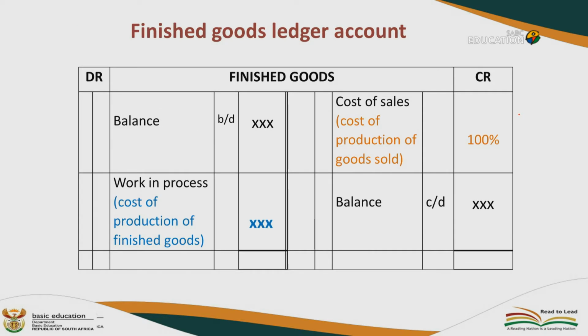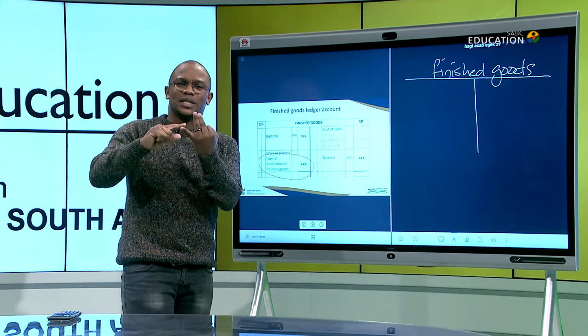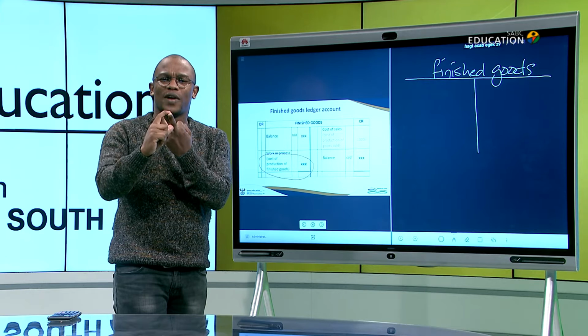Here's another way of doing this. You have your finished goods ledger account. If you check on your finished goods ledger account, this amount, the work in process, remember when I started, I spoke about the three costs, which is your direct material cost, your direct labor cost, as well as your factory overhead cost.